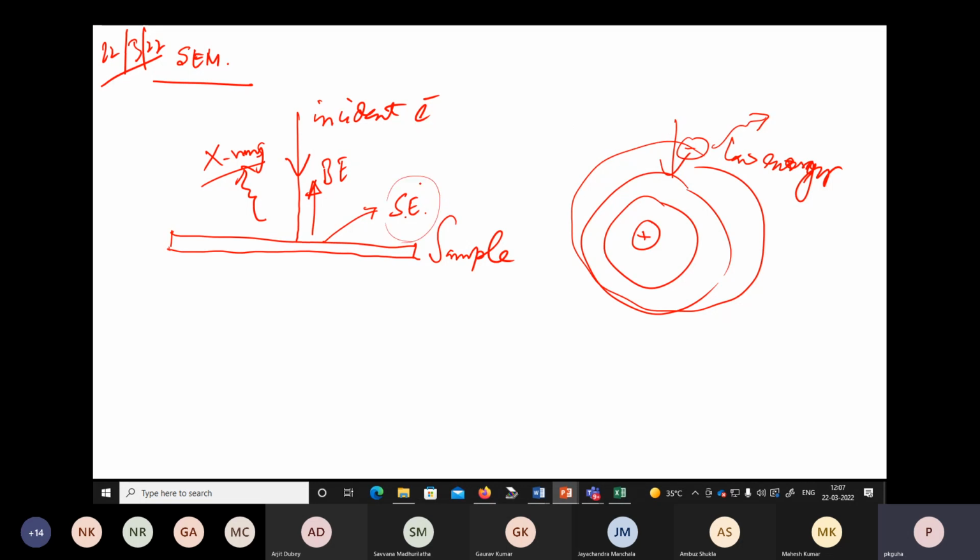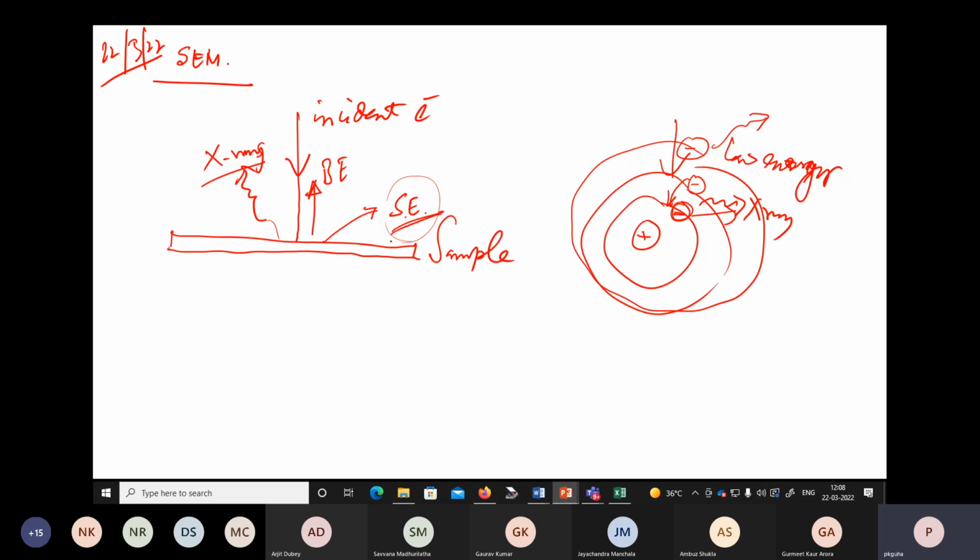Whereas if the electrons bounce back or are reflected back, then those electrons are known as backscattered electrons. On the other hand, for X-rays, if an electron nearer to the nucleus is knocked off, then electrons from the outer shell might jump in and generate X-rays, right? So these are the ways these signals are generated.